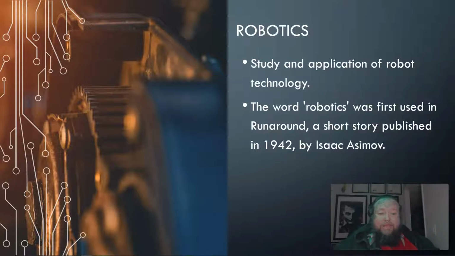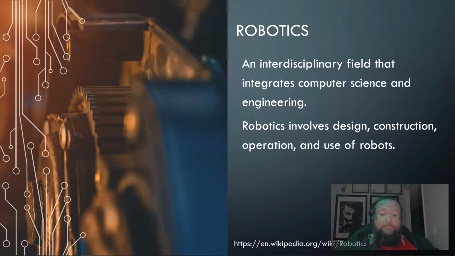And tying back to science fiction, the term robotics was first used or coined in short stories in 1942 by Isaac Asimov. And some of us, or all of us, may know about the three classic laws of robotics from Asimov that a lot of his stories center around.